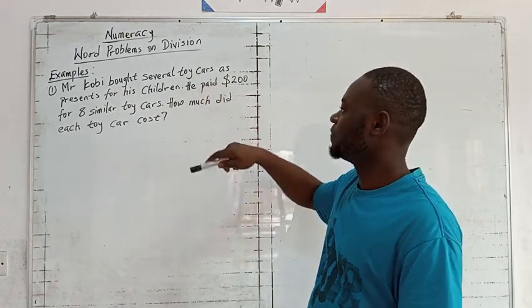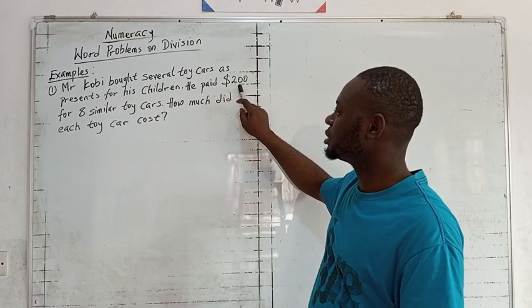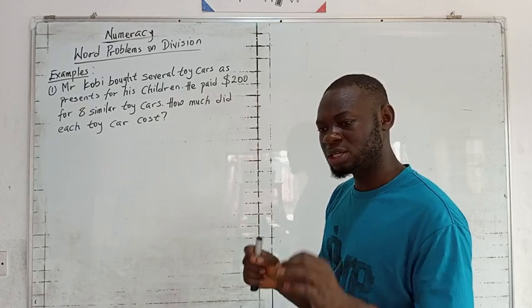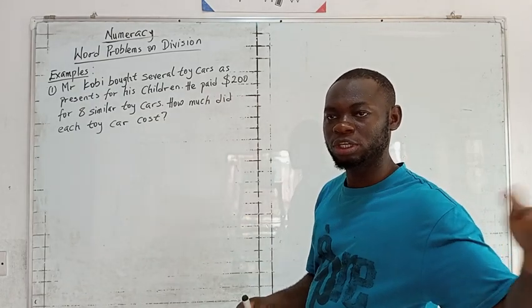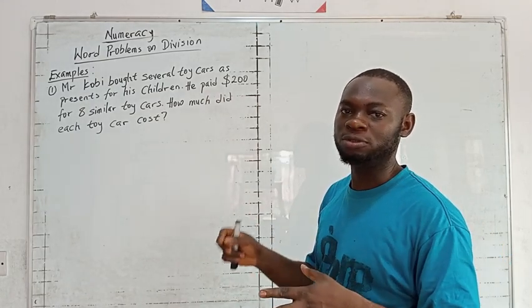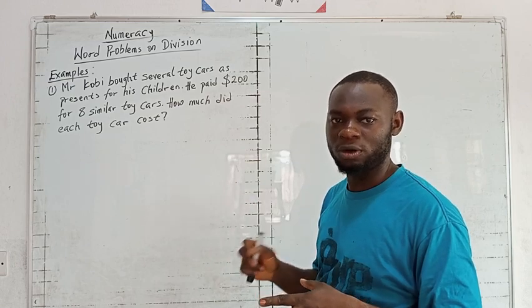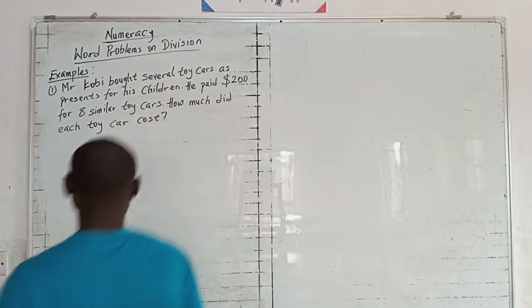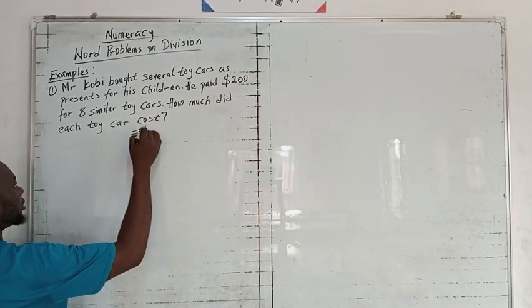So, how many toy cars was bought with $200? 8 toy cars. So, we are looking at the number of toy cars bought in relation to the amount they cost. Okay? So, let's solve this by bringing out the variables in it.